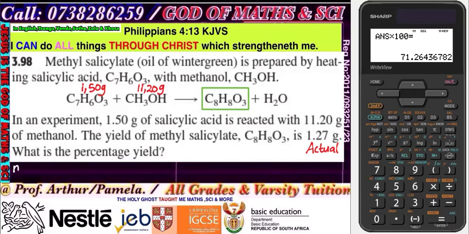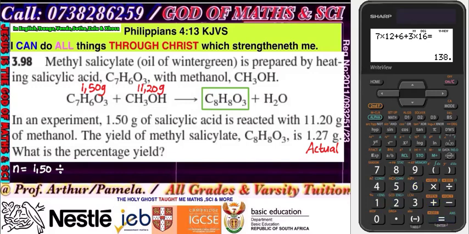So we're having n equals 1.50, and then we're going to divide that by a certain number. So I'm dealing with the first one. Carbon, we know it's 12, 7 times 12, and then plus hydrogen, 6, plus 48, which is basically 3 times 16. I know it's 48. That's the number, 138.